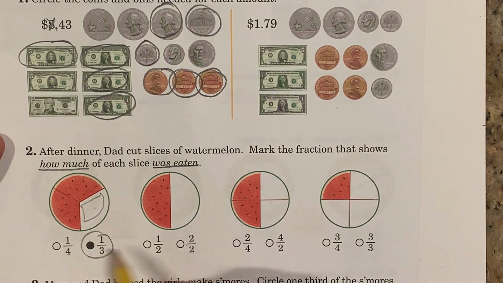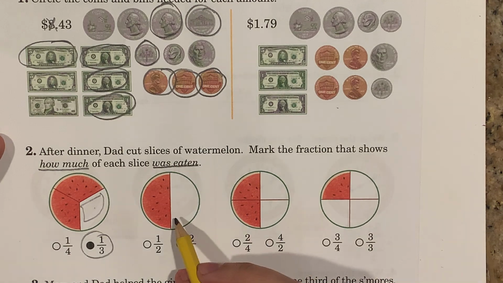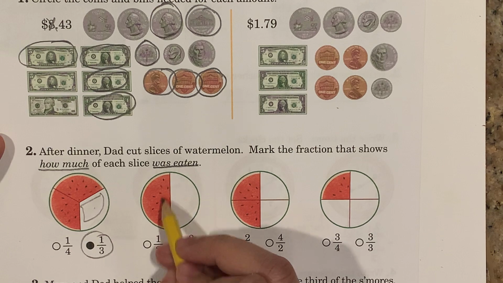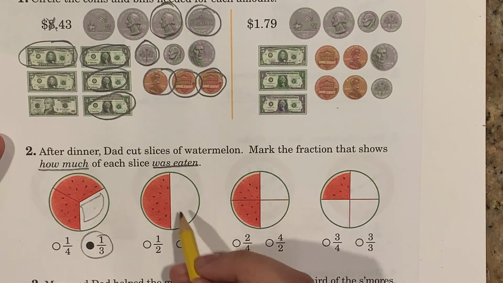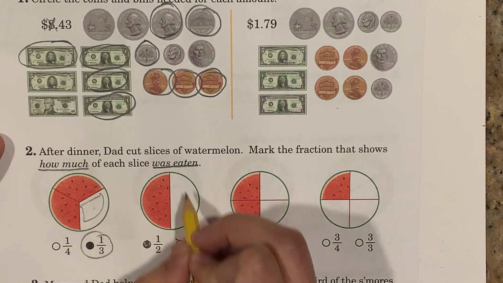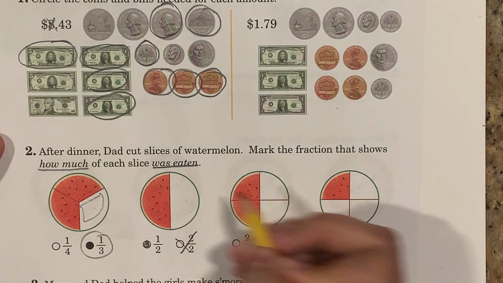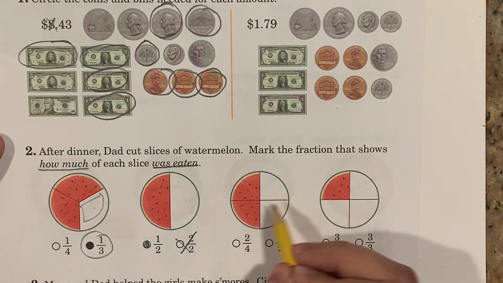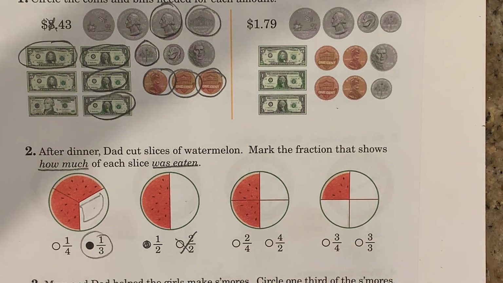So this is the right answer. I'm going to do this one with you too. Is this 1/2, 1 out of 2, or 2 out of 2? It is 1/2 because it is one side of the watermelon. You're going to do the same for these other 2 problems.